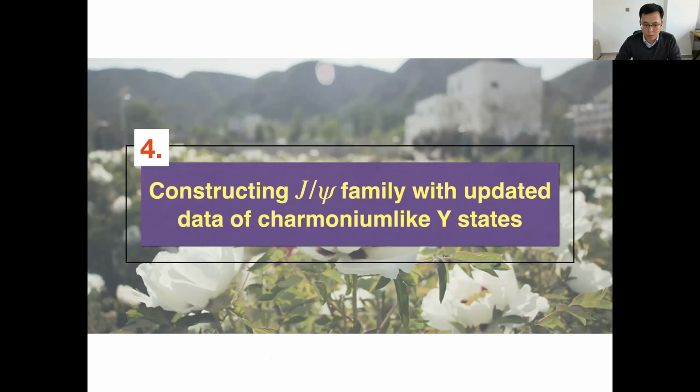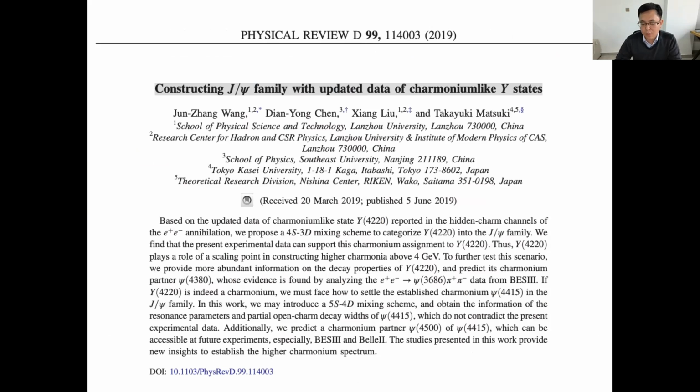In the following, I will introduce our progress for constructing the J/psi family with updated data of the charmonium-like Y states. Last year, we published a long paper, in which we want to establish the J/psi family with the Y states.